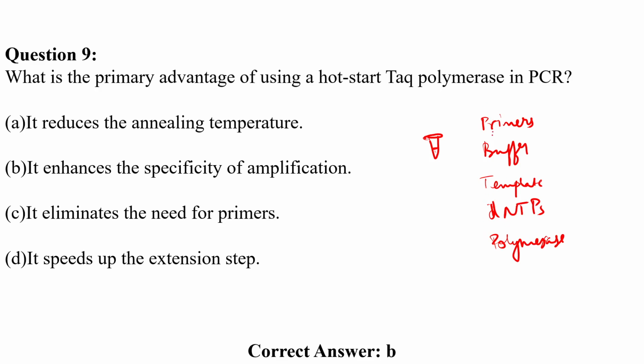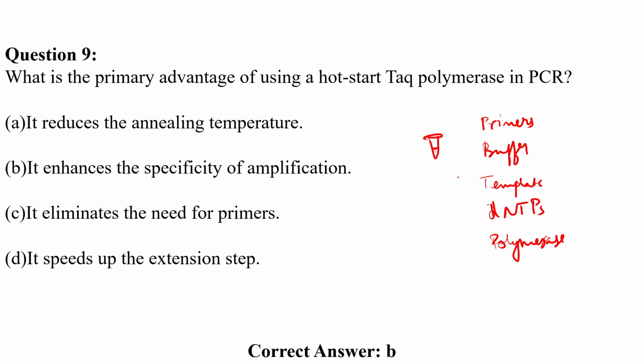When all these things are added, they can actually start the reaction even if we do not put it in the thermocycler, even if we don't provide the temperature. At room temperature also, these primers can have some annealing efficiency, and the polymerase can function. But those reactions will not be very specific, because they are not happening at the optimum temperature, right?